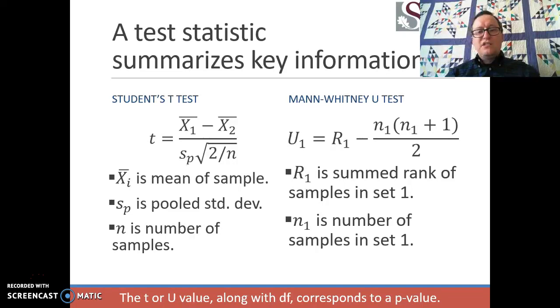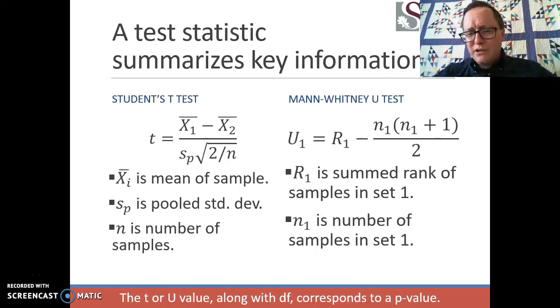The way that these two difference tests find this difference between dispersion and difference between means is quite different. So Student's t-test was created by a statistician named Gossett, who worked for the Guinness distillery, actually. So what he decided was that he would look for a difference between means.